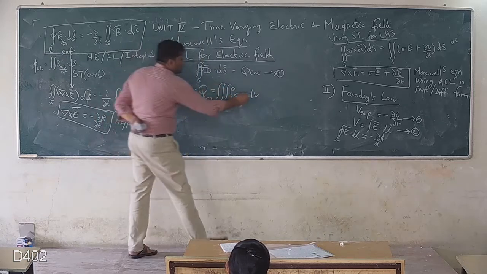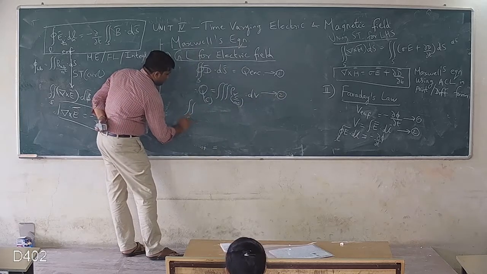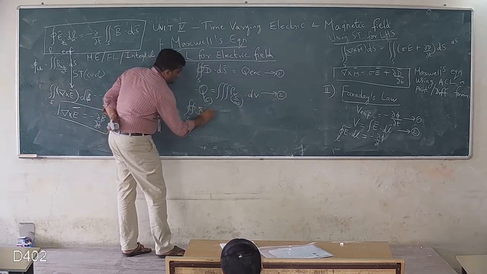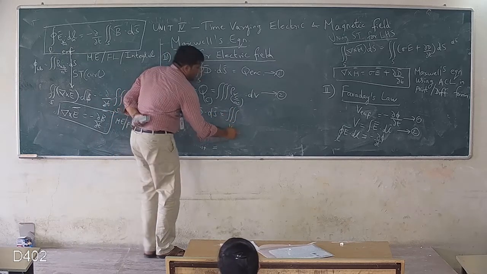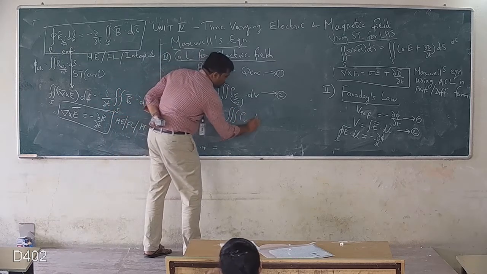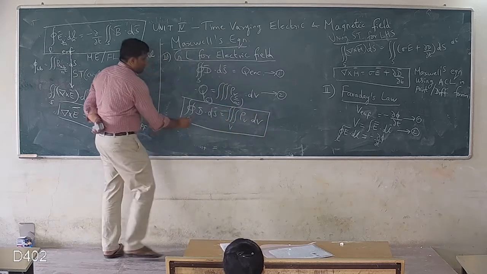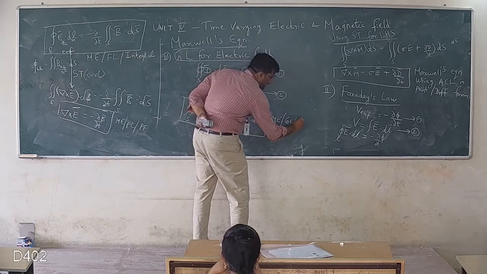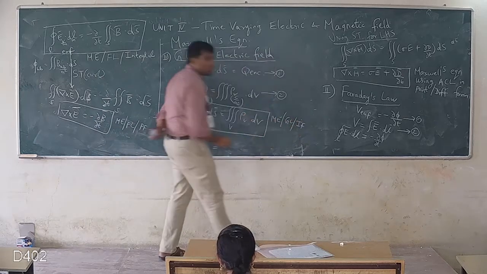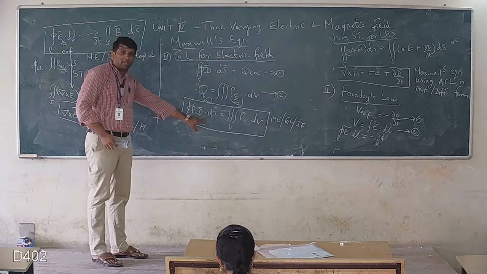If I equate equation number 1 and 2, I can write double integral D vector dot dS vector is equal to triple integral over volume rho v dv. So this is your Maxwell's equation using Gauss law in integral form, and this is called total displacement flux.